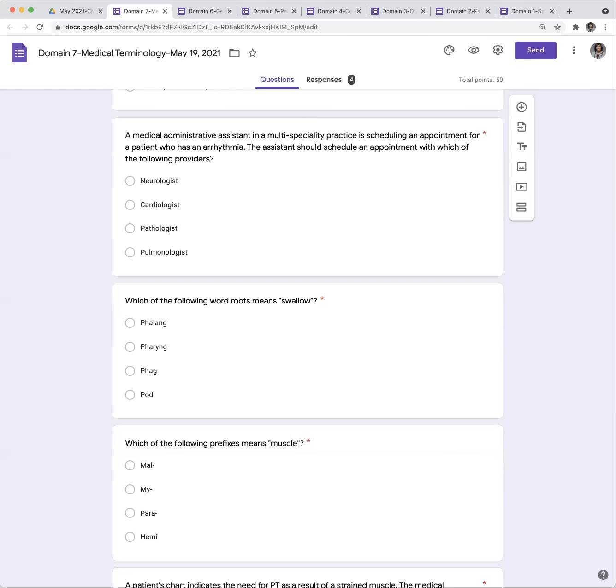Break it down to the root, the prefix, and the suffix. If you read it back, you should go from the suffix to the prefix and the root. You should come up with a complete word and a meaning. All right. And process of elimination.